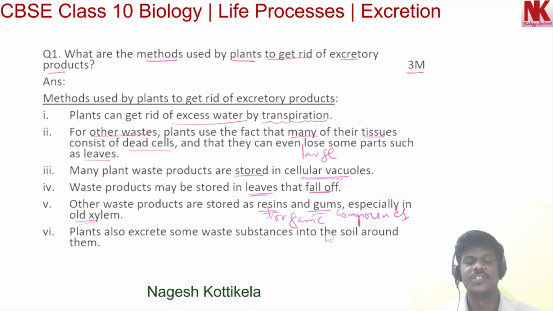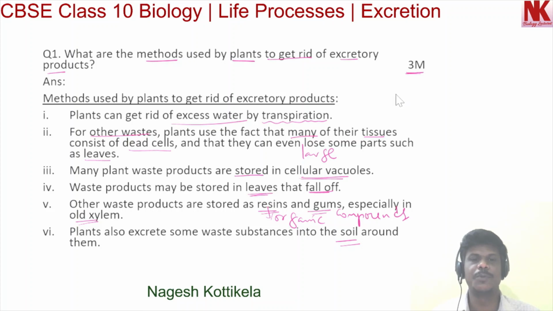Generally these resins protect the plants from pathogens and injuries. Now plants also excrete some waste substances into the soil around them. So these are the different strategies used by the plants to get rid of excretory products. This is one of the most important questions for 3 marks for board exams.